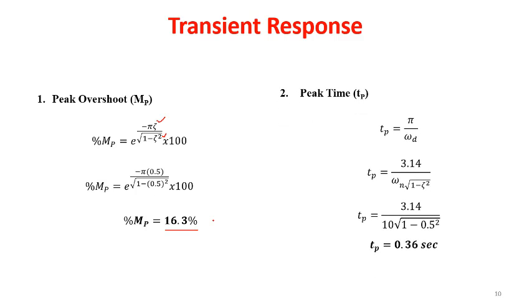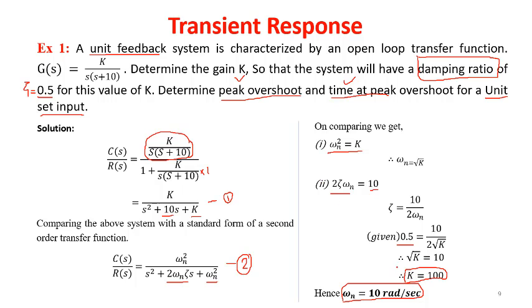Now we need to find at what time we get this peak overshoot, that is the peak time Tp. We know Tp is equal to pi divided by omega d. So Tp is equal to pi, that is 3.14, divided by omega d, and omega d is equal to omega n into root of 1 minus zeta square. We know omega n from the previous part, that is 10 radians per second.